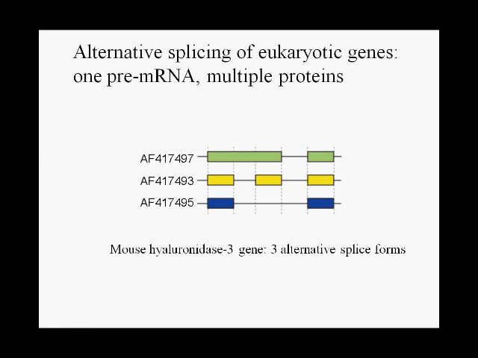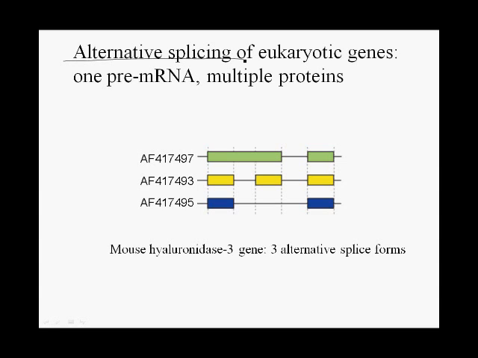So I told you that the human genome has only a little over 20,000 protein coding genes. But that is a really misleading statistic, because what we see is that almost all human genes, and the latest figure that I've heard is about 90% of human genes, are known to undergo what we call alternative splicing.